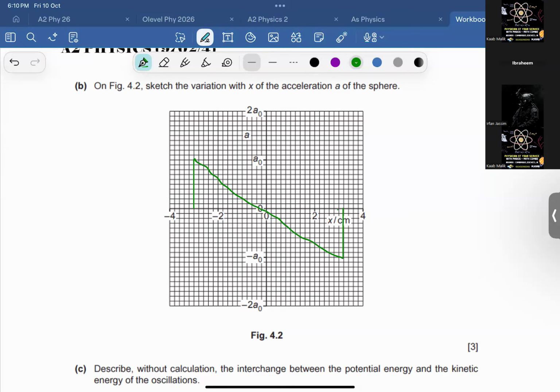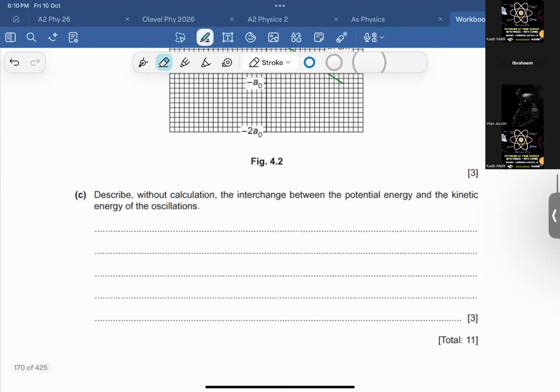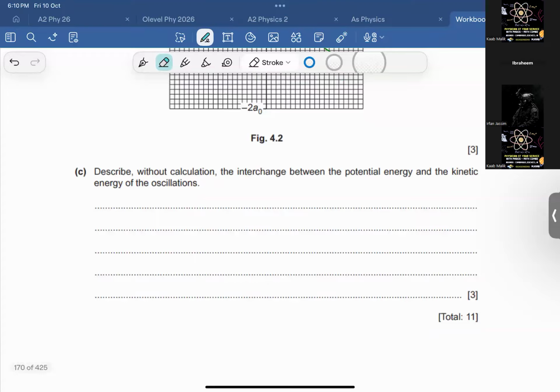This is the graph that you have to make. You're not allowed to draw the graph all the way from one point to another point.